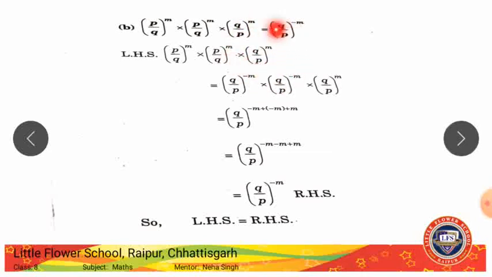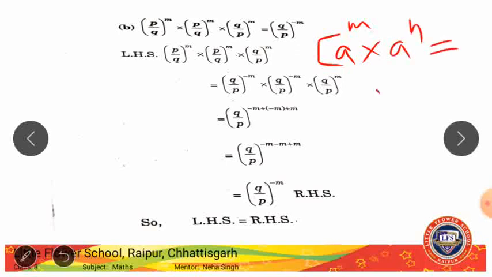We will write it as (p/q)^-m. Again they are in multiplication, so again you are going to write the property. What property? a^m into a^n equals a^(m+n). So powers will be added.